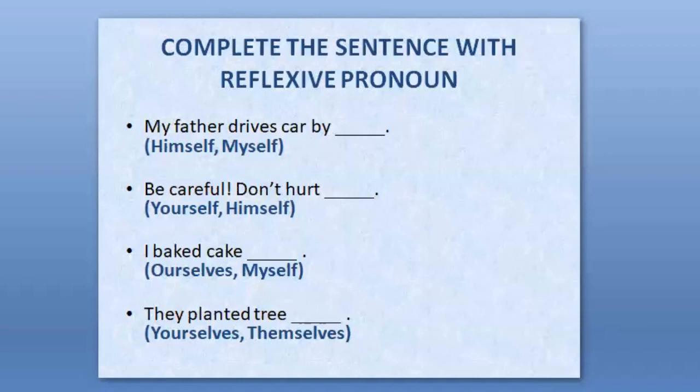Last one for y'all. Now let's see who gives a quick answer. They planted the tree. Themselves. Yes, that was wonderful answers from everybody. Give a big round of applause and please clap, children, for yourself. That was a very good set of answers.